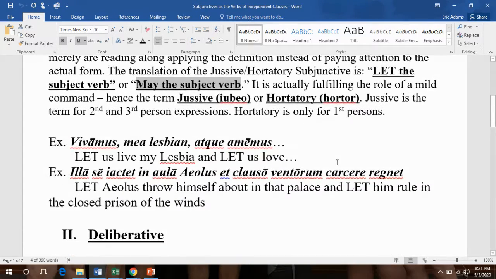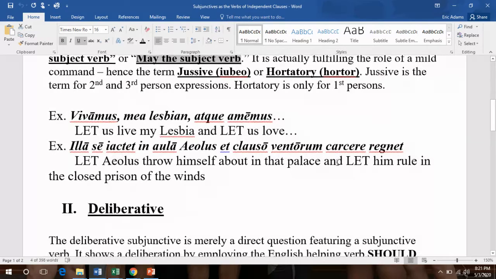Now, let's look at some famous examples. Here we have a couple of lines, the first from Catullus, in poem number 5, vivamus, from the verb vivo, vivere, and amemus, from amo, amare.